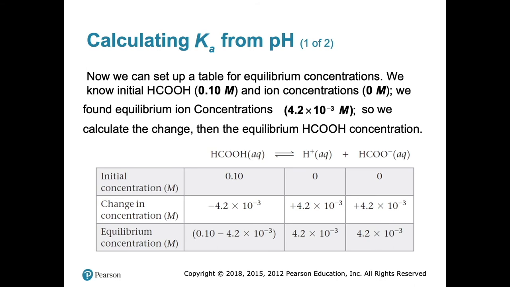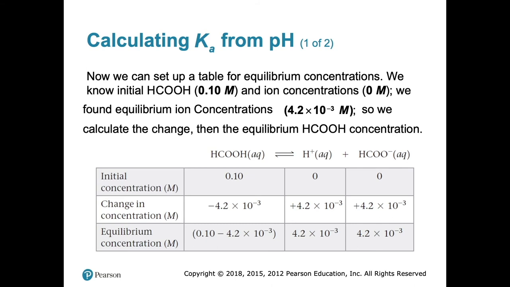Then we find the equilibrium concentrations by plugging in the number we found in the previous slide. There's the equation I wrote out for you: formic acid becomes hydronium ion, or protons, plus the formate ion.